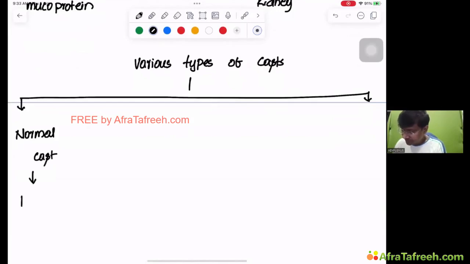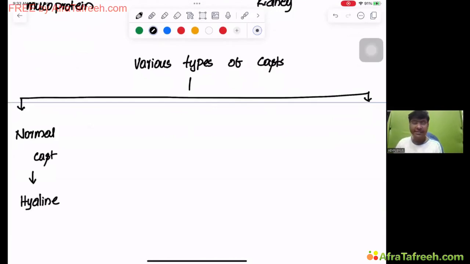The normal cast is the hyaline cast. Apart from this normal cast, which is a hyaline cast, what are the other various types of the cast that can be seen in the urine sample?